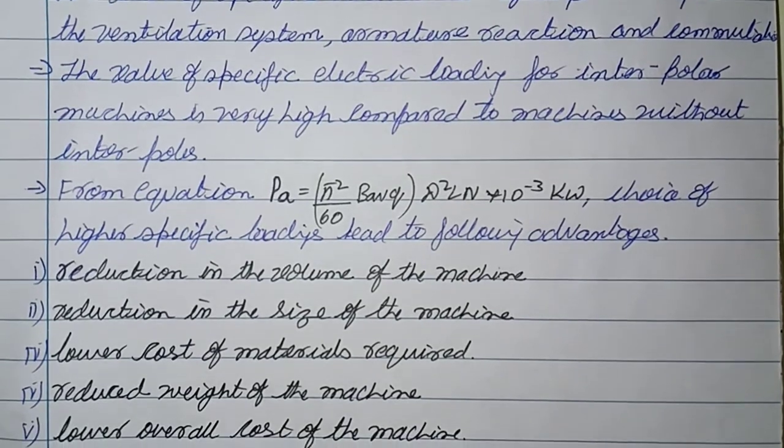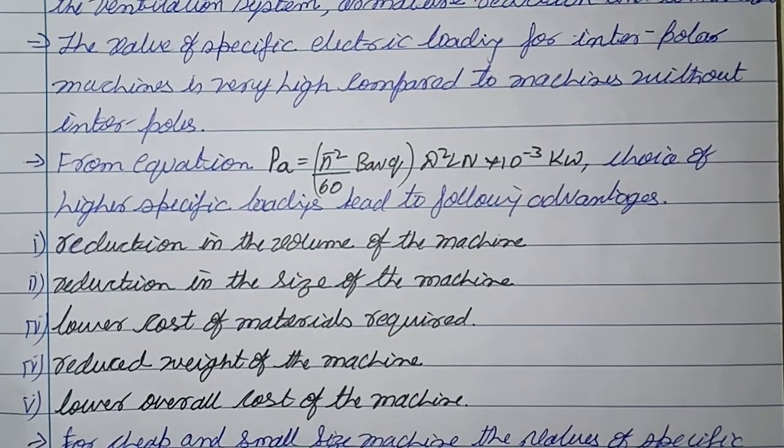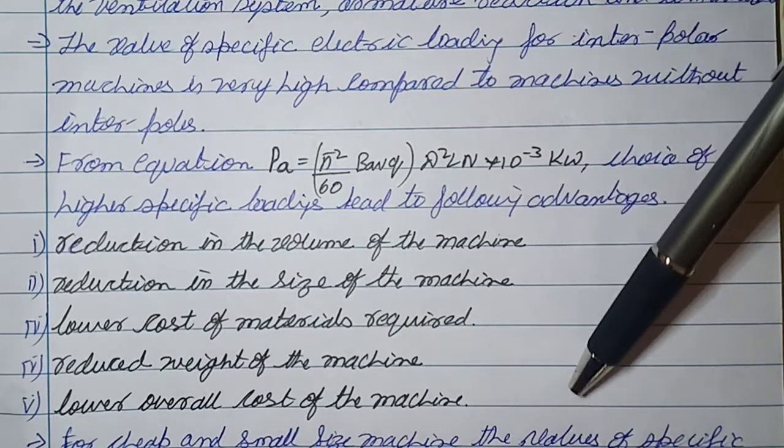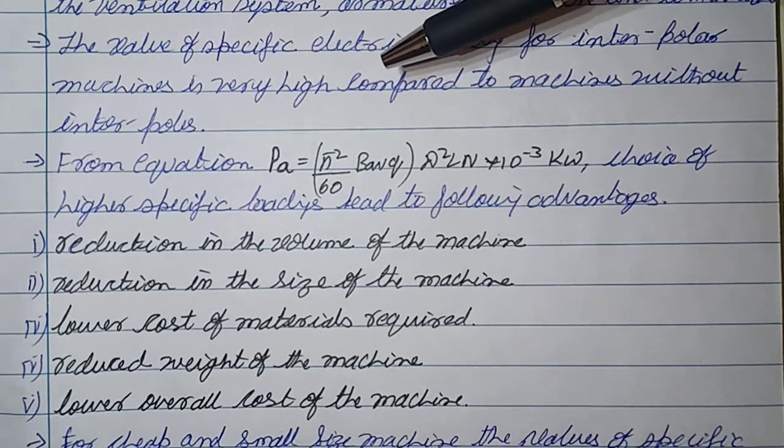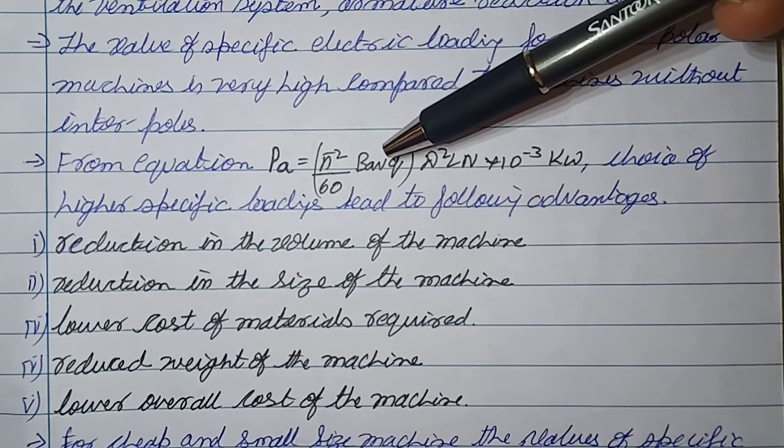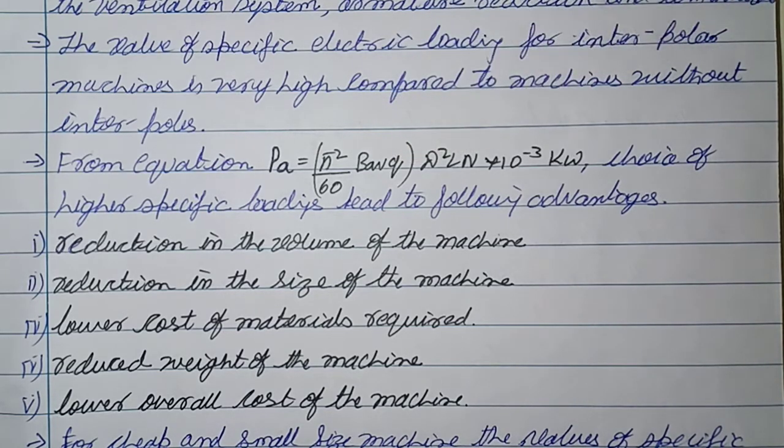Then a reduction in the weight of the machine, since there is a reduction in volume and size. And the overall cost of the machine also will be reduced. So these are the advantages of having higher values of the specific loadings, that is the specific magnetic loading BAV and the specific electric loading Q.